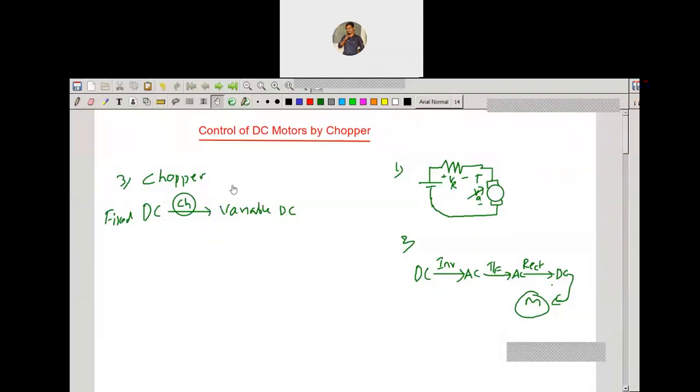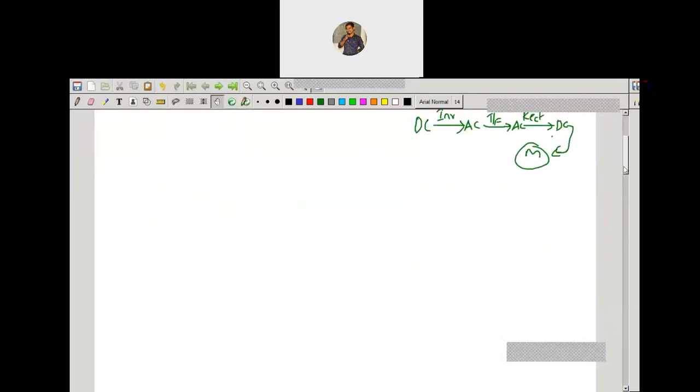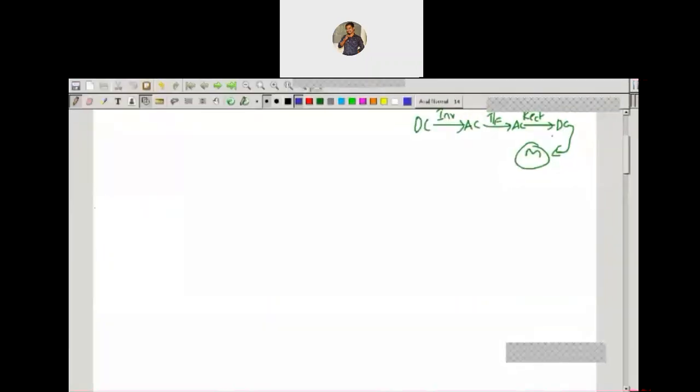Okay, now we are talking about the controlling of DC motor by chopper. That is, we are using the method for getting variable DC by chopper controlling, right? First, let me give the information about chopper.